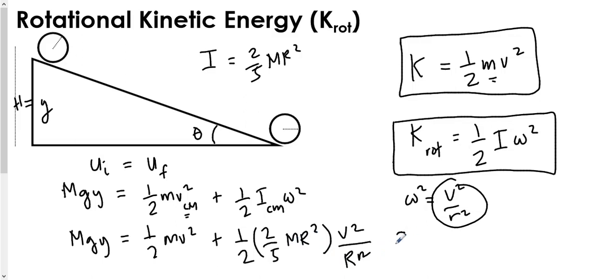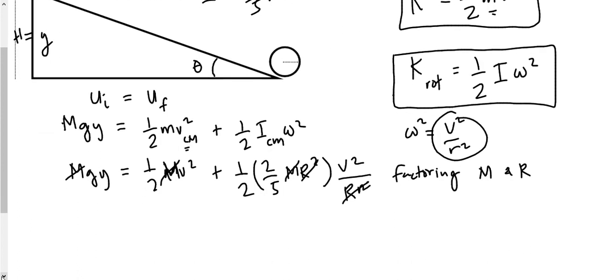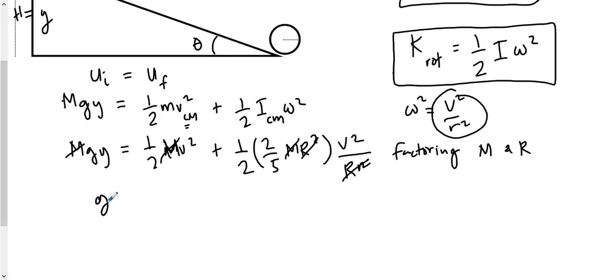So we can factor out the mass and the radius, and cancel them out. And then we have gy is equal to 1/2 v squared plus 1/2 times 2/5, which is 1/5, v squared.